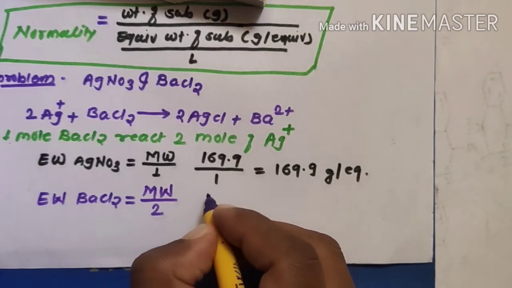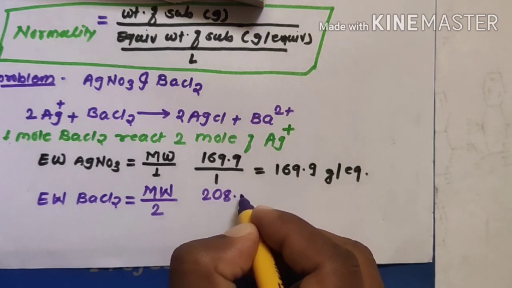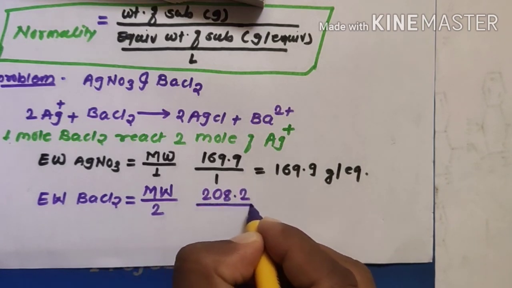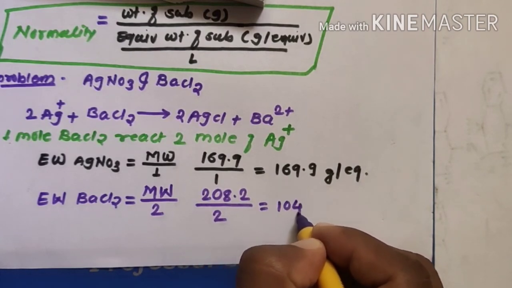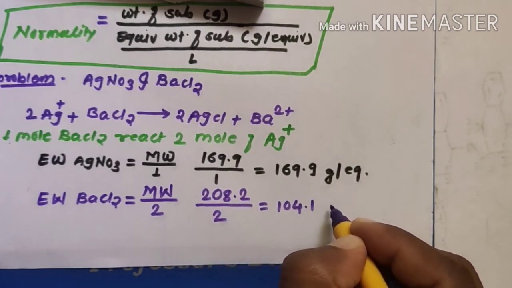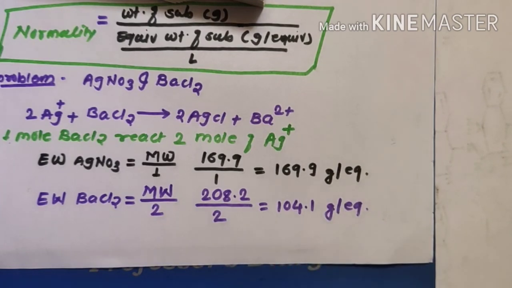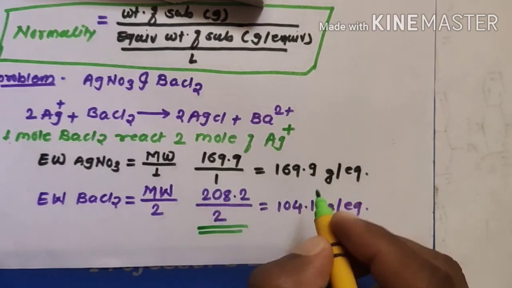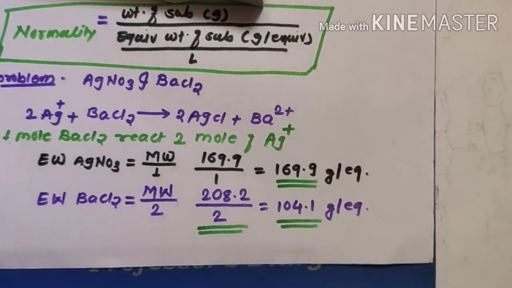The molecular weight of BaCl2 is 208.2 divided by 2, it will get 104.1 gram per equivalent. These are the equivalent weights of both AgNO3 as well as BaCl2.